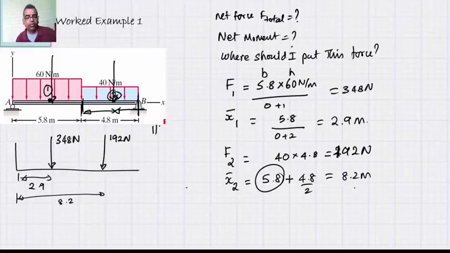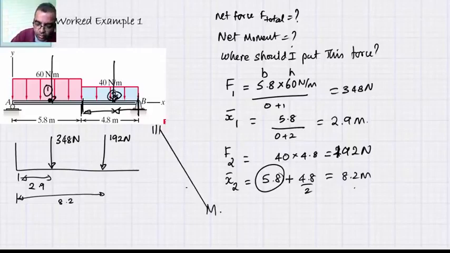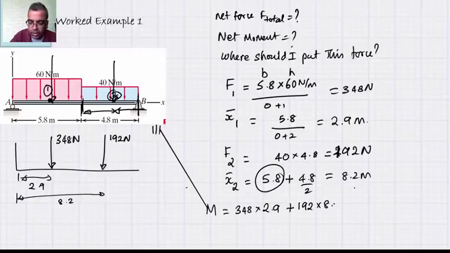So these two things are equivalent, and the net moment will be 348 times 2.9 plus 192 times 8.2 going clockwise like that, which is equal to 12918 divided by 5 newton meters.